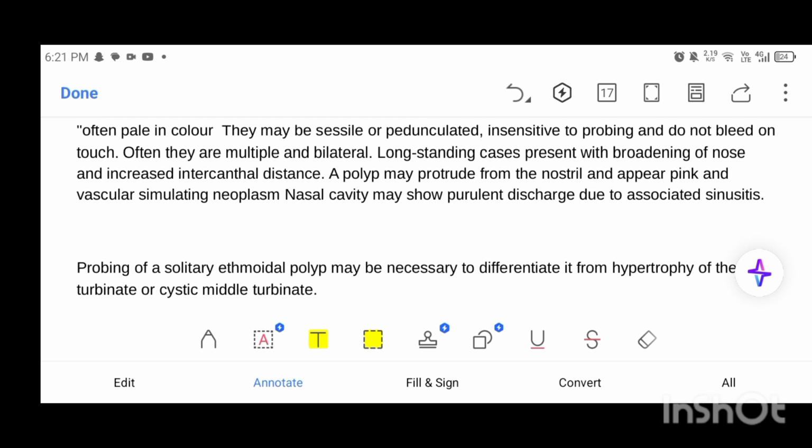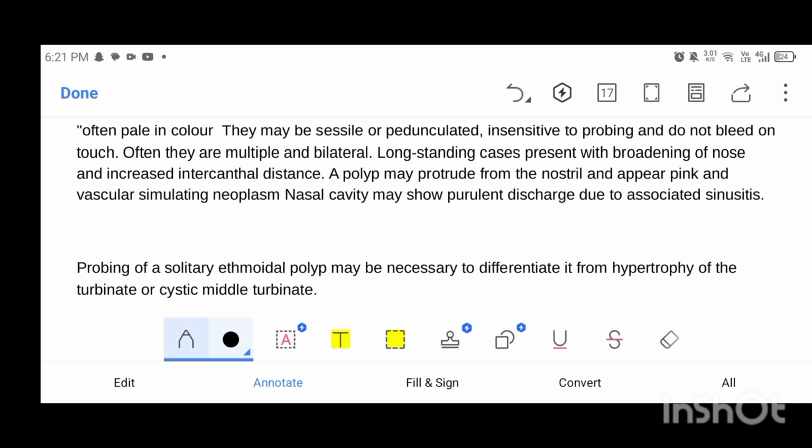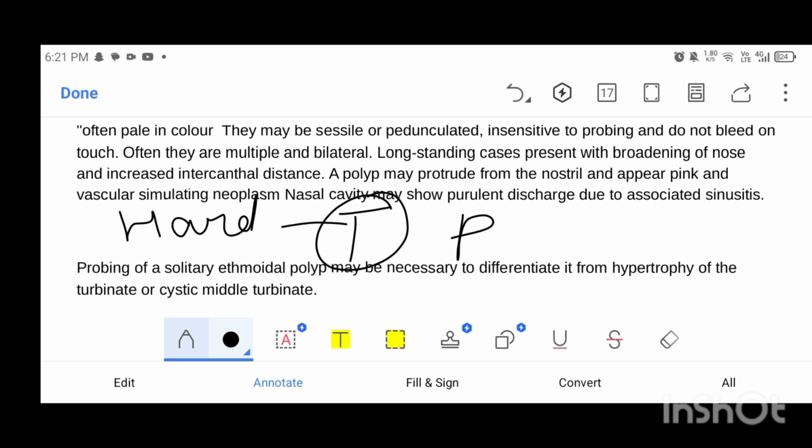There is another important question: how will you differentiate a turbinate from the polyp? So remember, a turbinate is hard to touch. Polyp is soft.